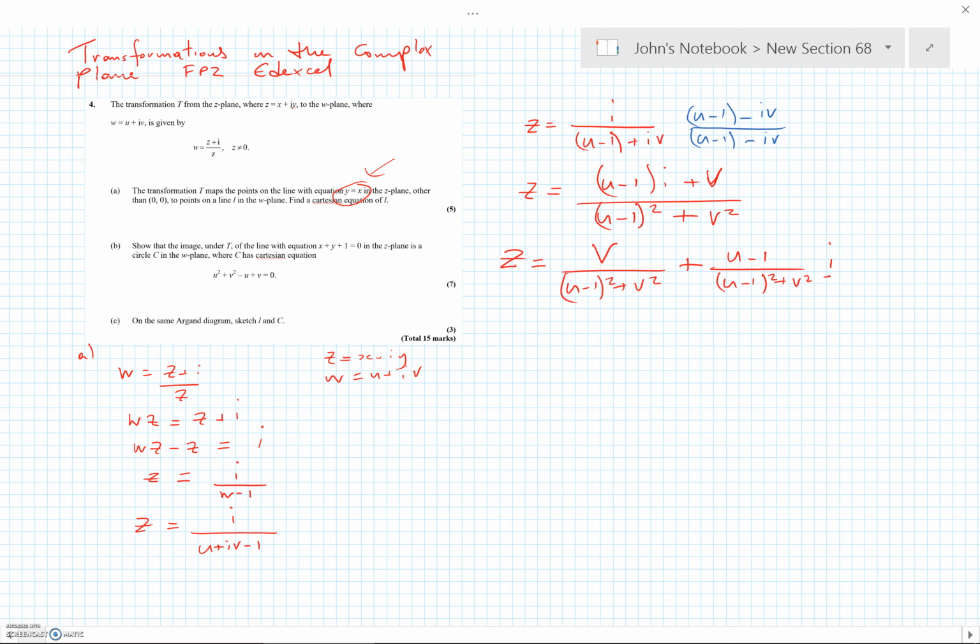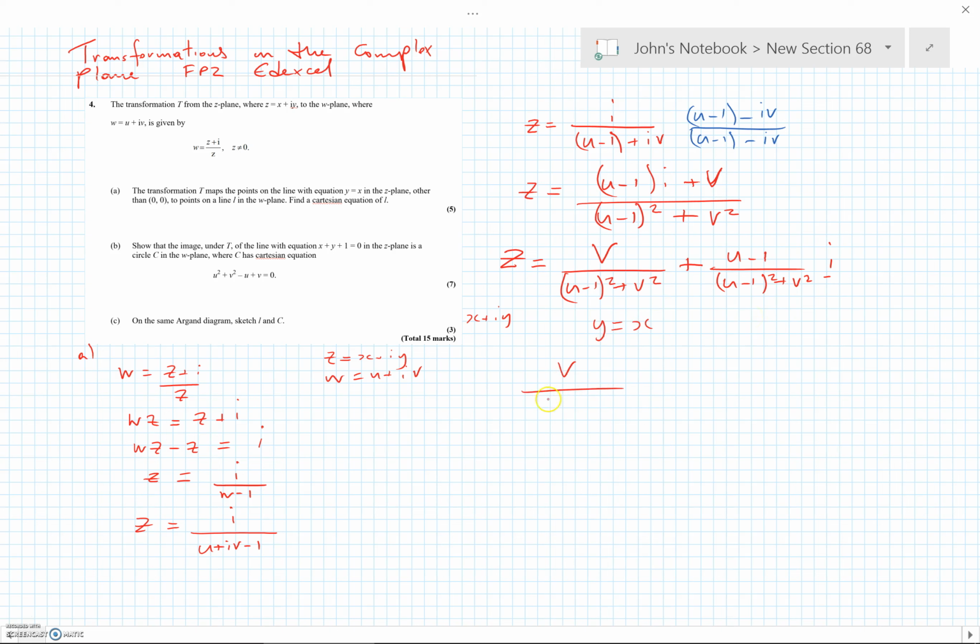Okay, so we haven't really got going particularly yet, but we notice that the left hand side is x plus iy, and they're saying that the equation is y equals x. So basically we're going to make these two equal to each other, that one and that one, because y equals x.